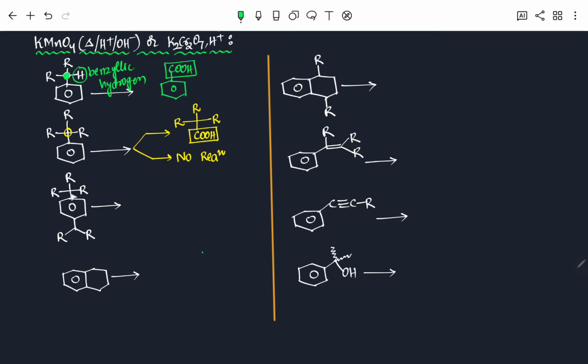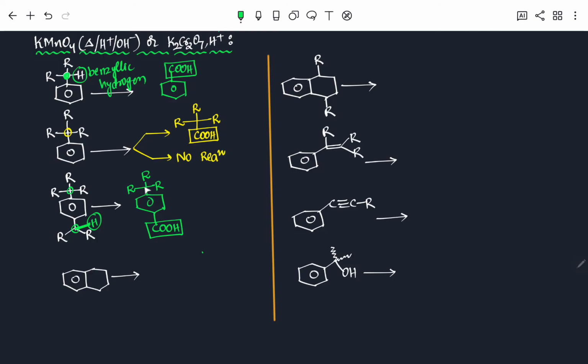In the next example, we have two benzylic carbons, but here benzylic hydrogen is present only on one. Therefore, if benzylic hydrogen is absent, that carbon is unaffected, and the carbon with benzylic hydrogen will be converted into carboxylic acid.